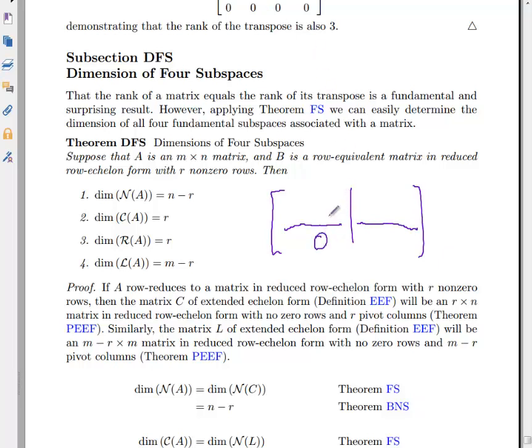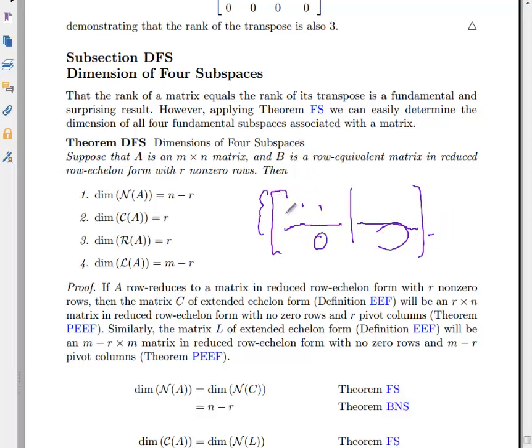You can go back and take a look at this. This matrix was in reduced row echelon form, and these rows formed a basis for the row space. And this matrix down here was also in reduced row echelon form, and we could use this to find the left null space.